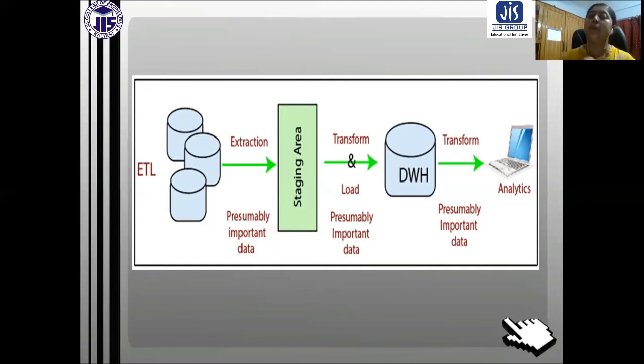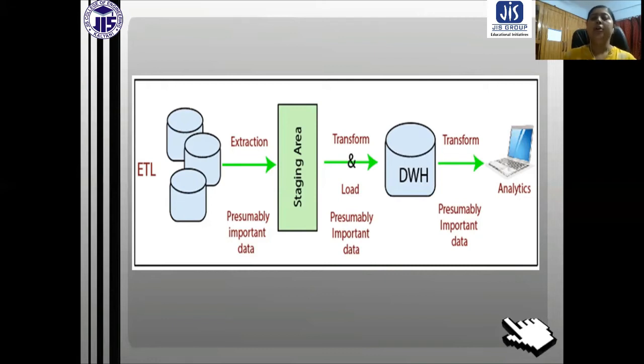That means a format on which the data warehouse can work. So the data is transformed into a usable, understandable format for the data warehouse, and then it is loaded in the data warehouse. Obviously, only the important data is going to be loaded. All the unimportant data is going to be discarded.